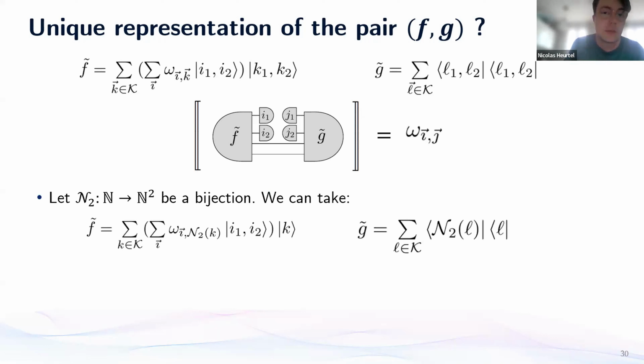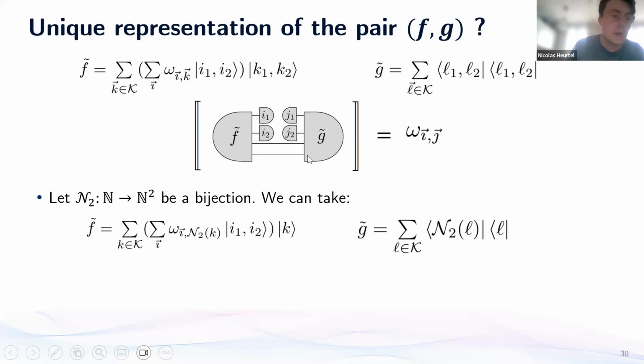That's not the one I chose, because we have two identity wires. But once you understand that, you can just remove one wire by taking a bijection from N to N2 or the inverse. So instead of having a sum over L1, L2 and a copy of L1, L2, I have just a sum over a pair, and instead of the copy, I just have the bijection.